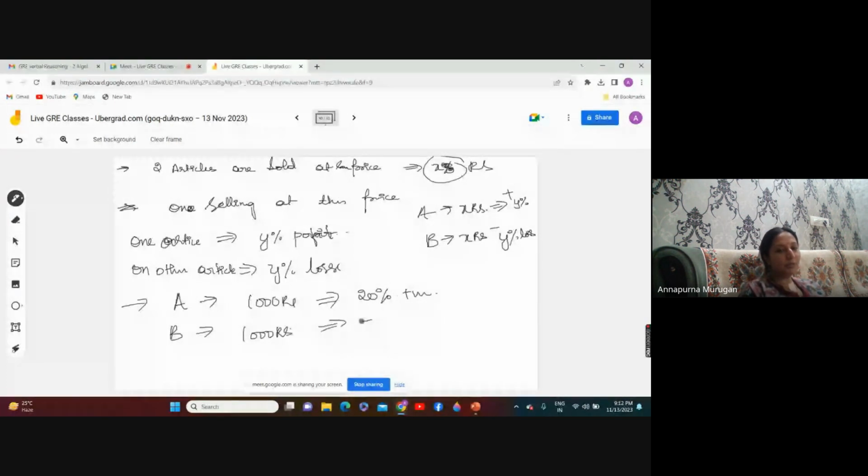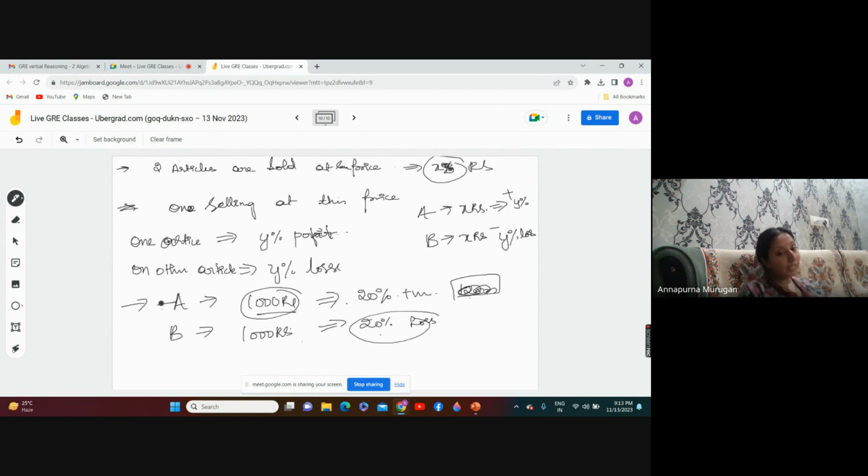B is incurring 20% loss. It's simple. 20% profit means 1,200 as cost price for the loss article, and 20% loss here.